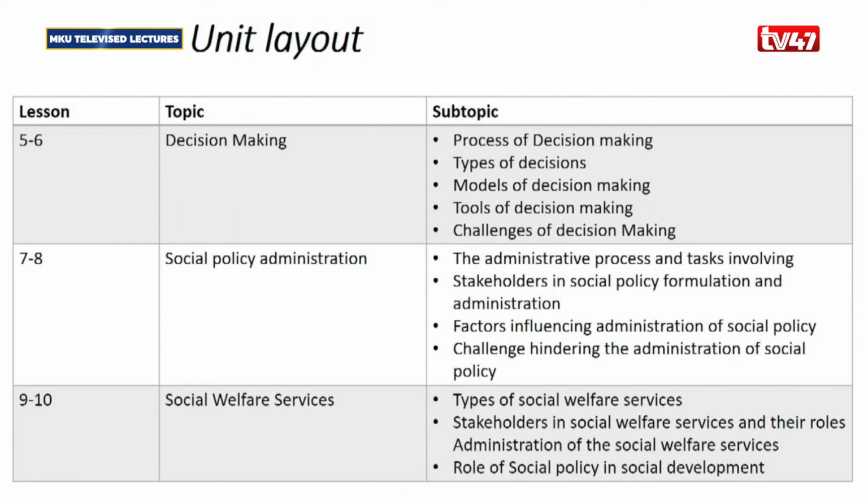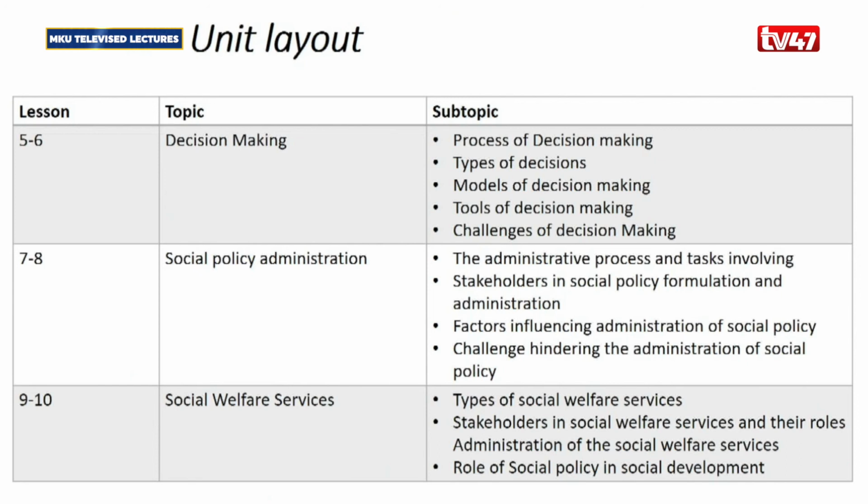Then you'll also be looking at the factors that influence administration of social policy, and also the challenges that hinder the administration of social policy. Because regardless of how good a policy you come up with, the end product of the social policy is a reflection of the factors that exist within the context within which it has been developed.